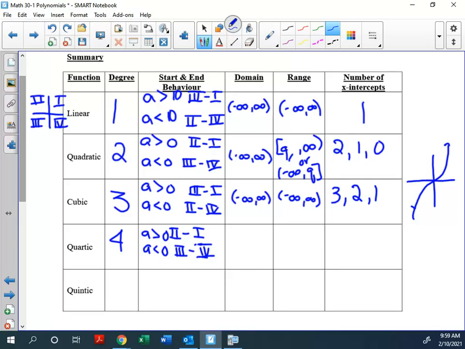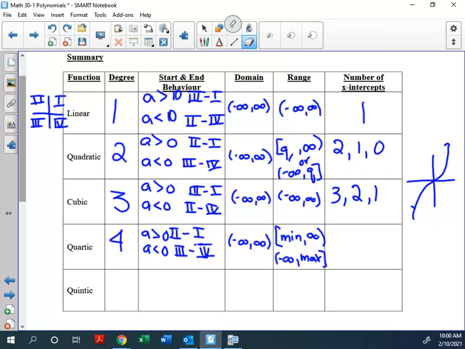Well, it behaves like a parabola, so it has an unrestricted domain, but it's also going to have a high point or a low point. So I need to go away from the Q. So I am either going to say it has a minimum to infinity, or it goes up to a maximum from negative infinity. So now we're going to start to talk in terms of maxes and mins. So I'm just kind of progressing the generalization. All right.